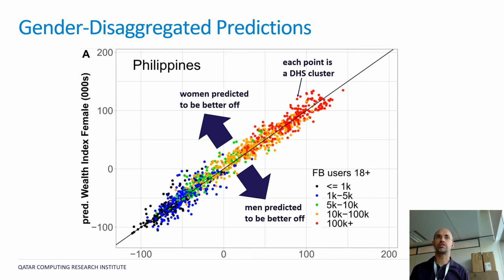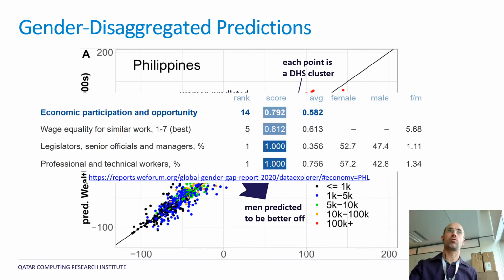This was actually surprising to us at first, to see that there seem to be so many points close to the equality line. So is this even plausible? We're still not sure, but at least there's some evidence that this might be plausible. In the Global Gender Gap report, the Philippines are actually ranked quite highly across a number of dimensions.